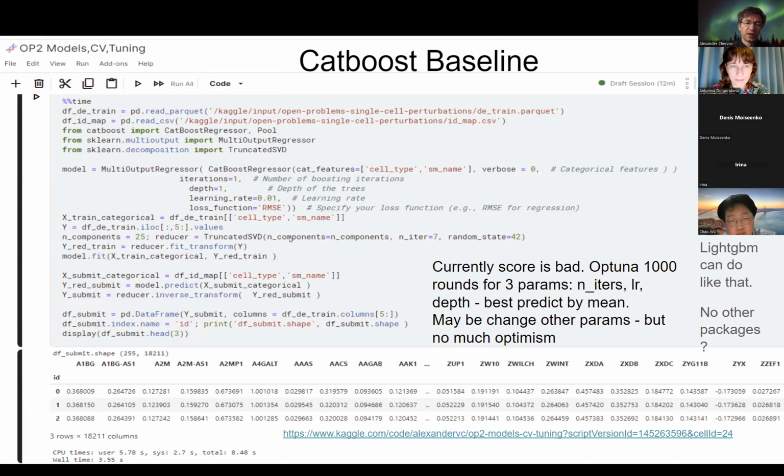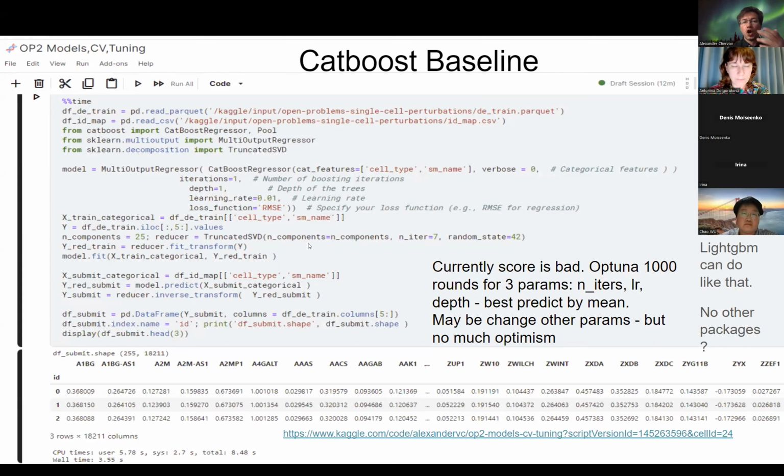And actually, we think that we are doing this mainly to speed up the process, because predicting 18,000 targets is quite difficult. But not only for speed, it is useful for quality. It gives a better score, because this reduction in some sense kills some noise.